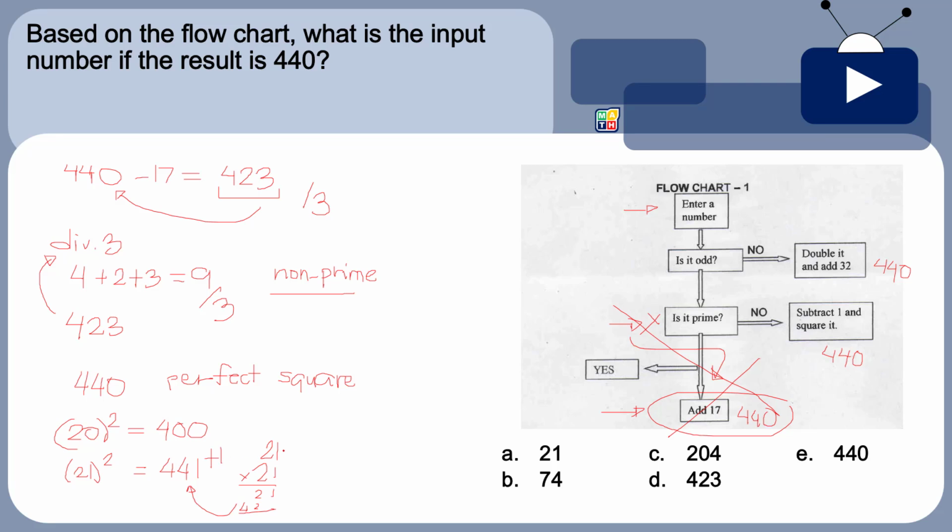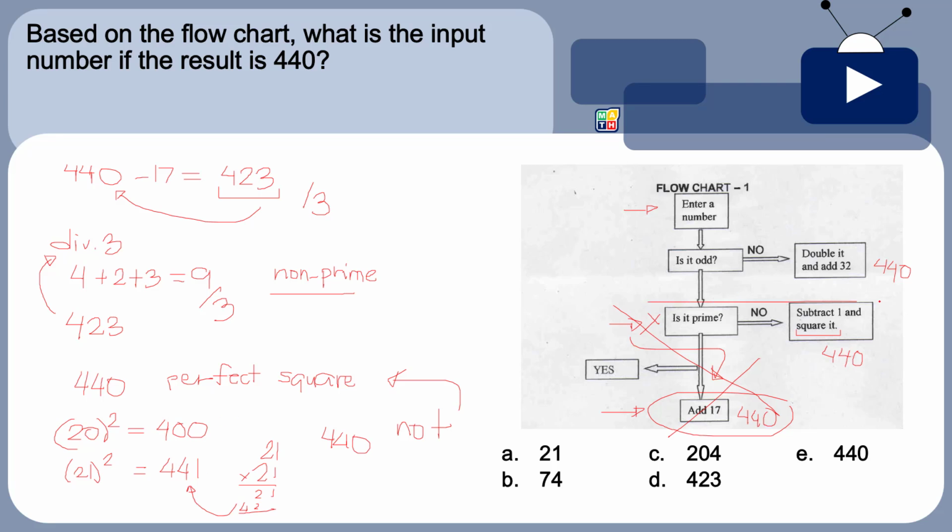However, as mentioned, it's no longer possible because the square of 21 is 441. This would mean 440 is not a perfect square. If it's not a perfect square, it's not a result of squaring a certain number. Because it should only be 440, not 441, not 400.